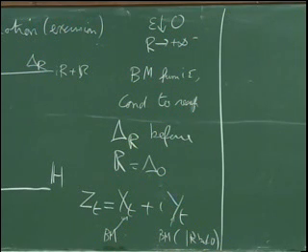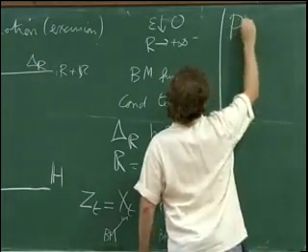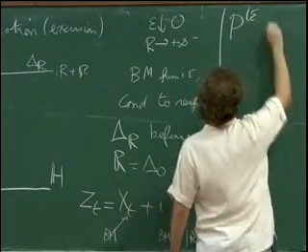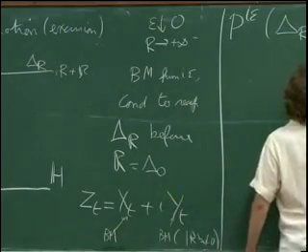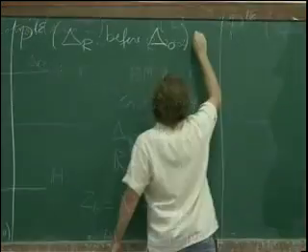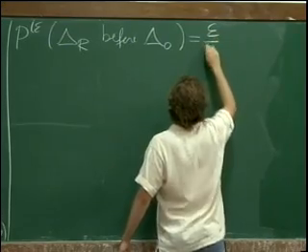So this is something I will write somewhere. The probability of the conditioning here, so the probability starting from i epsilon of reaching i r before the real axis, is epsilon over r.